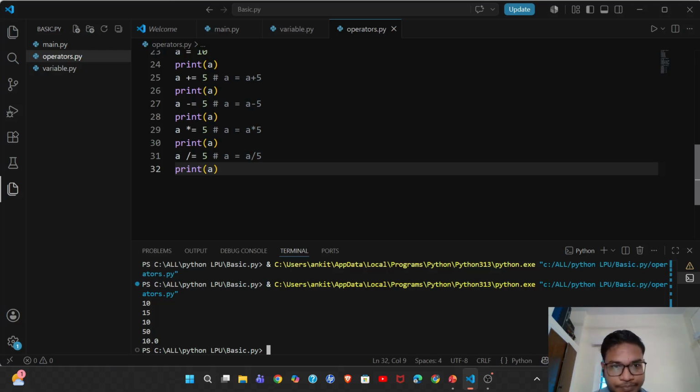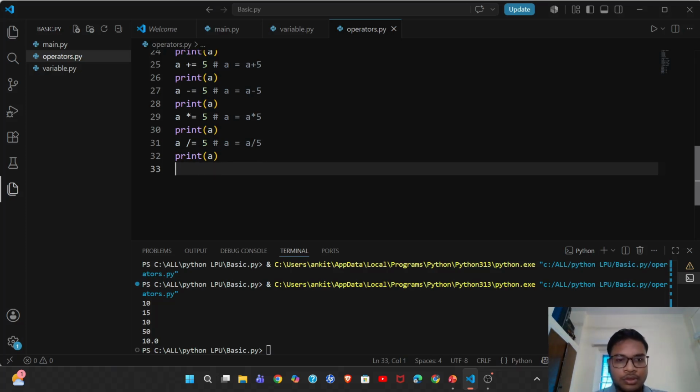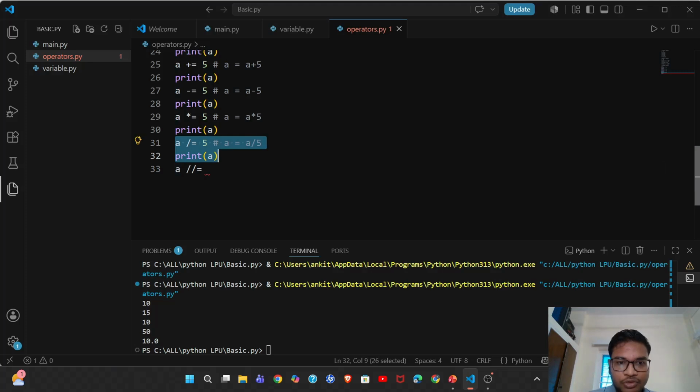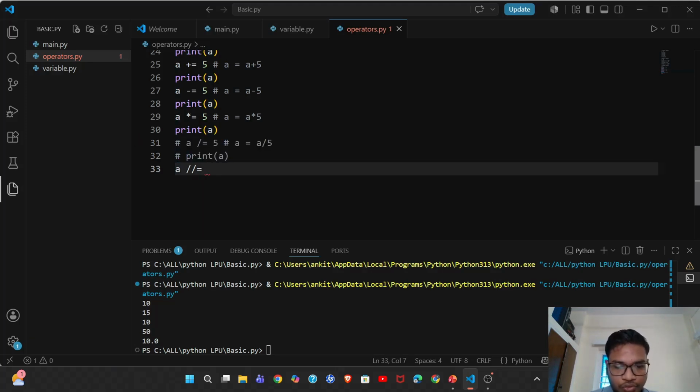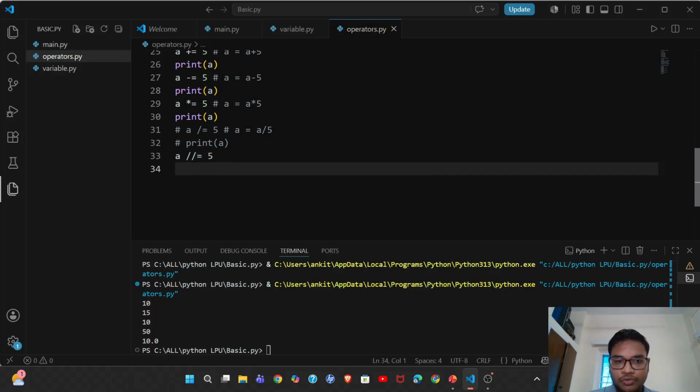You will find why this is a floating point number. Okay. Then move forward. Now the most important thing is our floor division. Now just comment out, and the value is now 50. Okay, so a divided by again 5, and just assume what is the value of a.